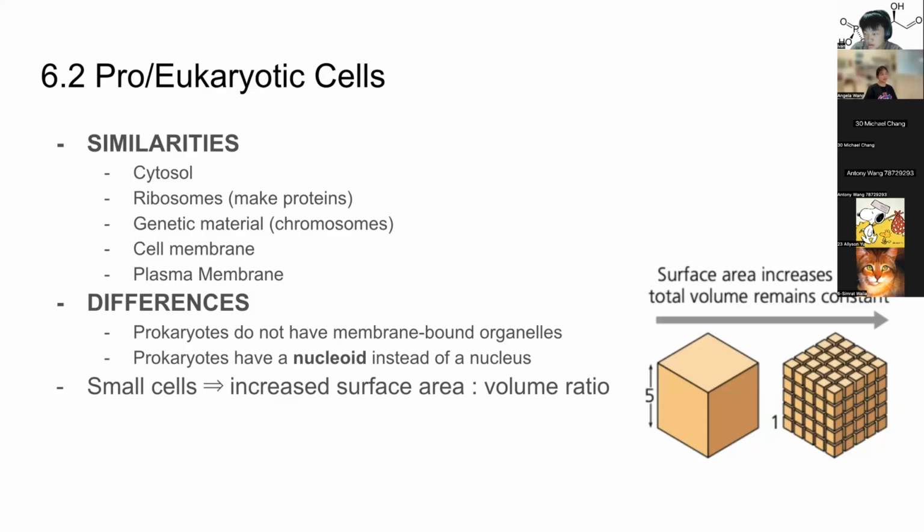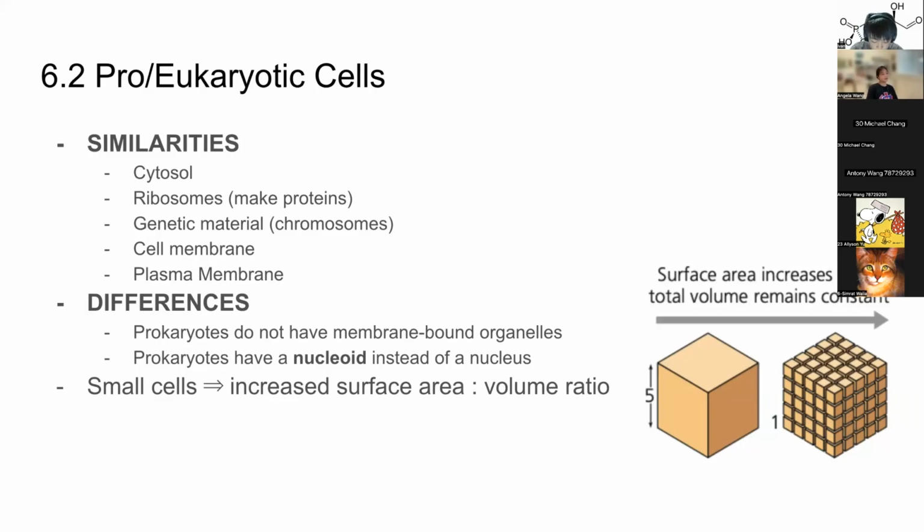They both have genetic material in the form of chromosomes, and they both have cell membranes, and plasma membrane is the same thing. The difference is that prokaryotes do not have membrane-bound organelles, and prokaryotes have a nucleoid, which is a mass of genetic material instead of a nucleus like eukaryotes have. We all have eukaryotic cells because all animals have eukaryotic cells.